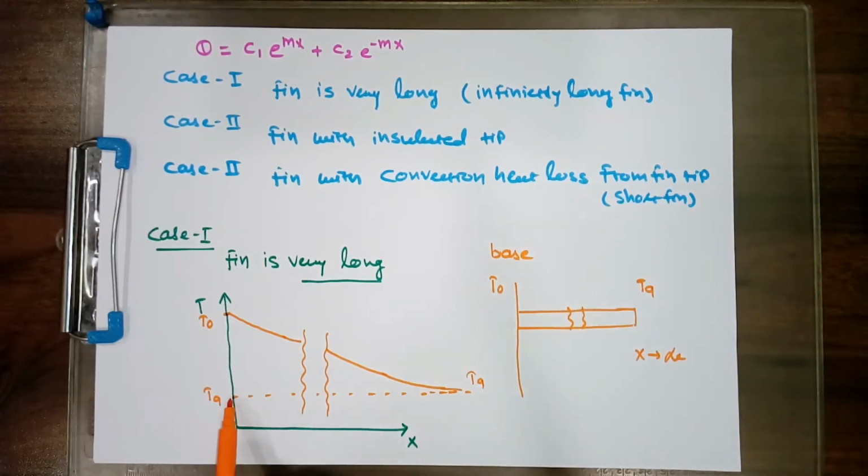It means the fin is long enough that the temperature difference becomes 0. Here the temperature difference is maximum, but at the end of the fin the temperature difference theoretically becomes minimum. In actual practice we cannot achieve 100% temperature reduction, but theoretically we assume that at the end of the fin the temperature difference becomes 0.